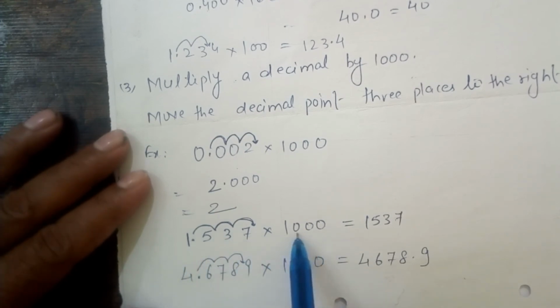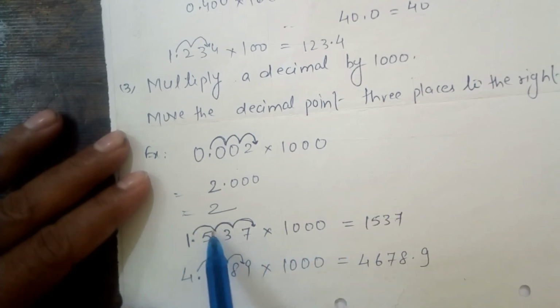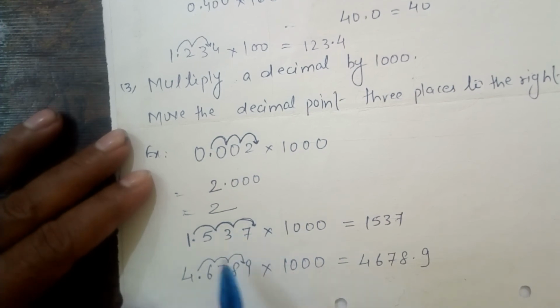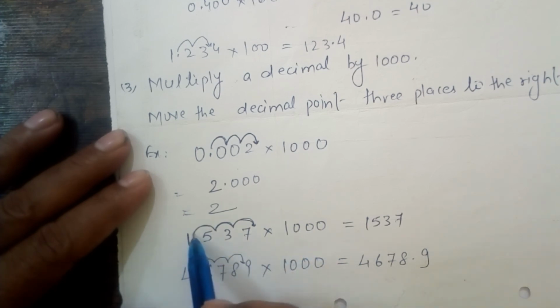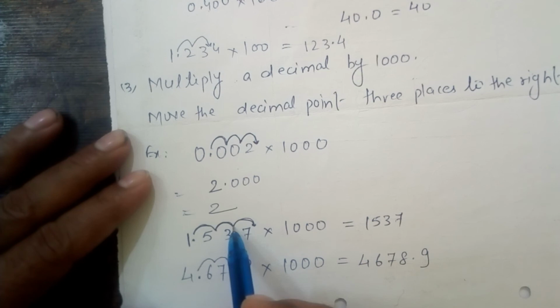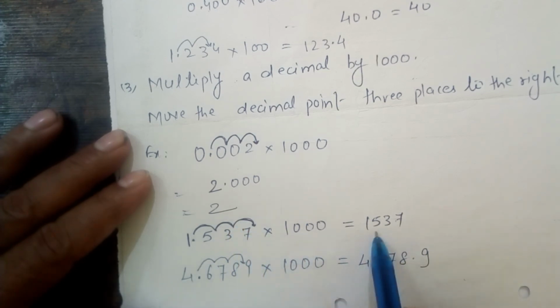In 1000, the number of 0s is 3, so we will move the decimal point 3 places to the right. How? Look here. First place, second place and third place. So your answer will be 1537. 1537 is your required answer.